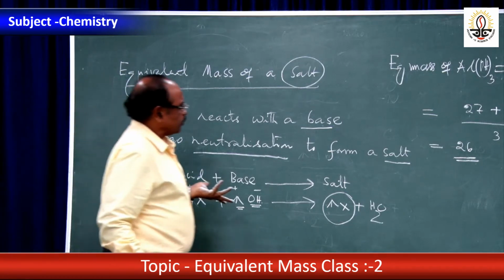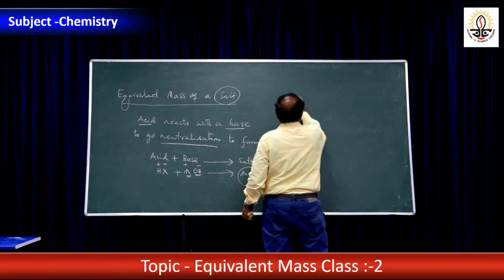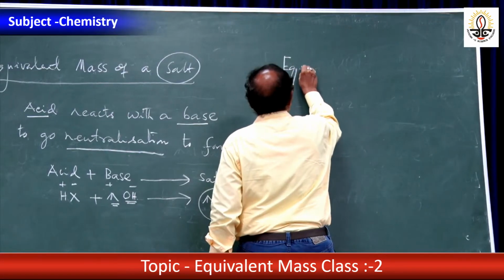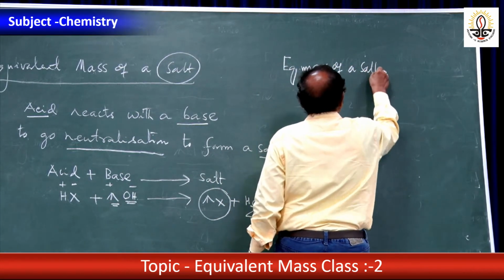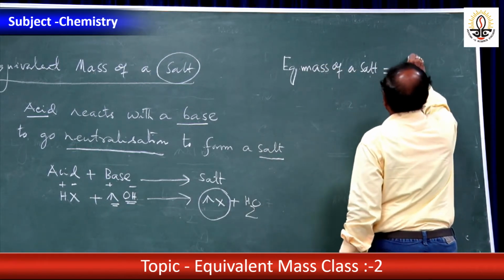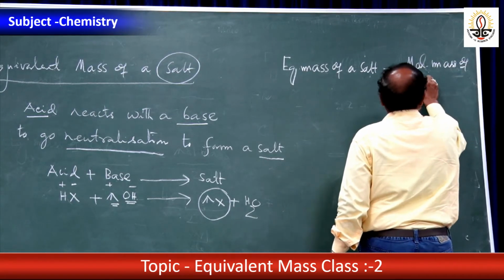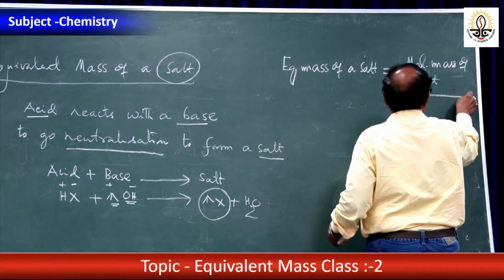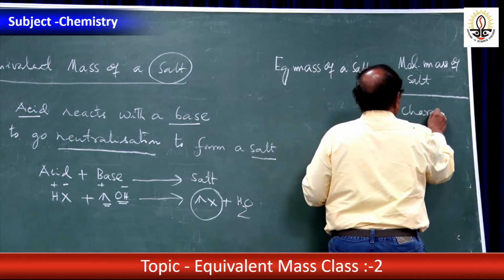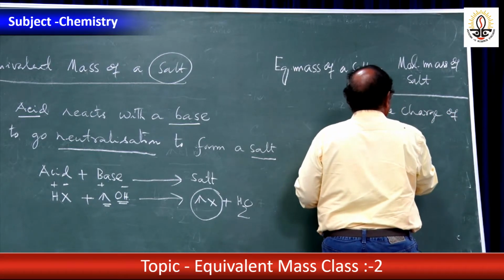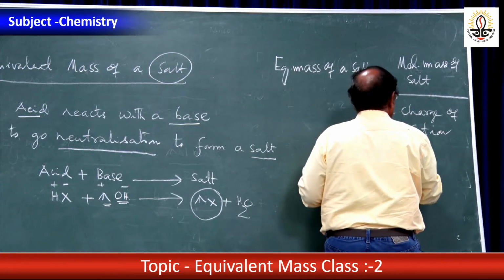So then what will be the equivalent mass of a salt? The equivalent mass of a salt is equal to the molecular mass of the salt divided by the valence, the charge of the cation of the salt.